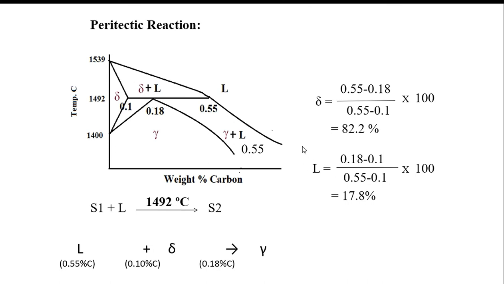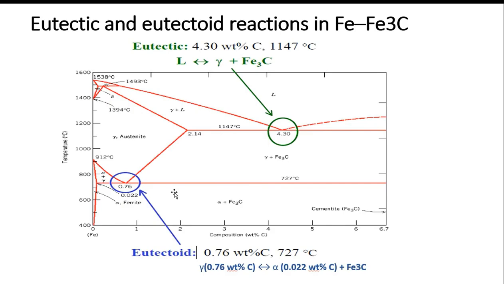Then the liquid percentage, 0.18 minus 0.1 divided by 0.55 minus 0.1, the total. So this amount is 17.8. Likewise you can use the lever rule and find the amount of those two. Then liquid plus delta, you can form austenite right here.